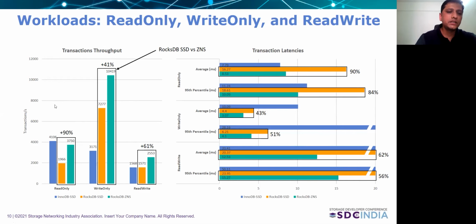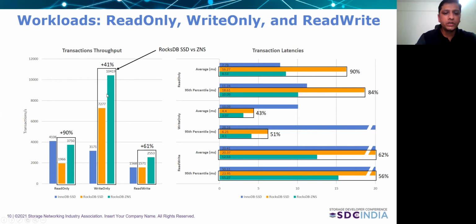We can see the transactions are 90% better compared to RocksDB on XFS in read-only transactions. But since InnoDB is read-friendly, we can see that InnoDB is slightly better than either of the RocksDB performances.